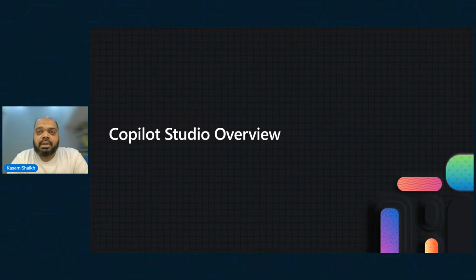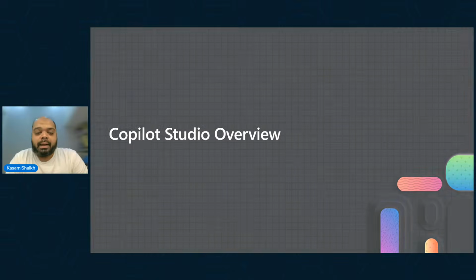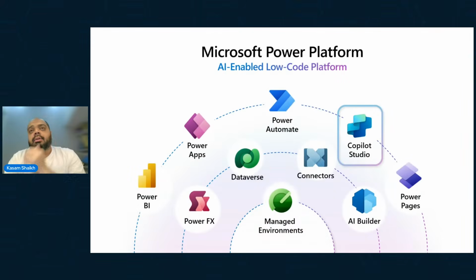So let's start with an overview of Copilot Studio. Copilot Studio is an integral part of the Microsoft Copilot stack, giving us a low-code way to create intelligent agents. It is a part of Power Platform, a suite of low-code tools spanning Azure, Dynamics 365, and Microsoft 365 that gives you a holistic set of tools to build business solutions.